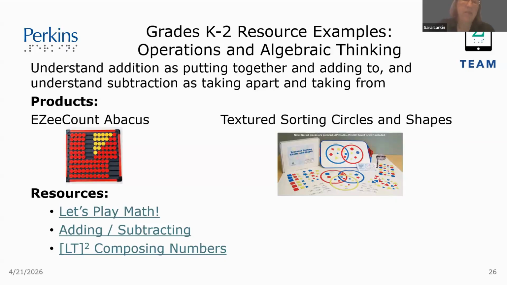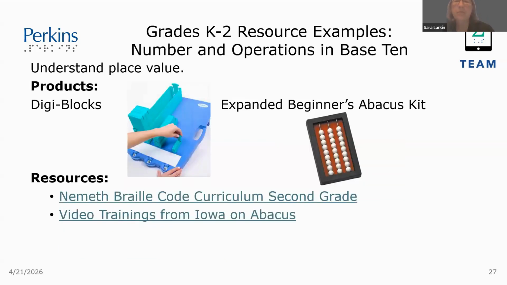Some resources we have there include Let's Play, adding and subtracting. That's a web page with ideas on how to introduce adding and subtracting. And then we have some resources that say LT squared. This particular one is composing numbers. We're going to talk in a minute about what LT squared stands for.